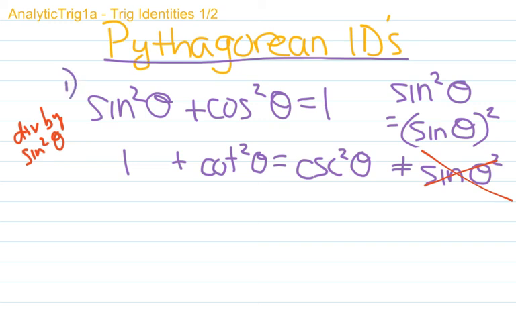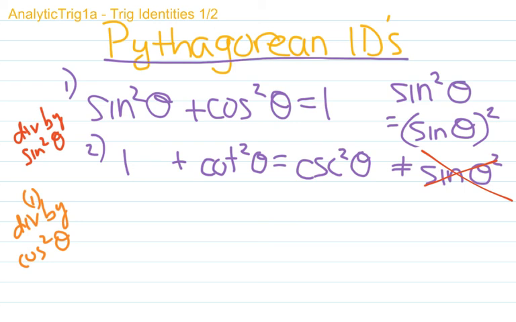All right, so that's the second one, and there's one more. For the last one, we're going to divide by cosine squared theta, meaning we're going to divide the first identity.